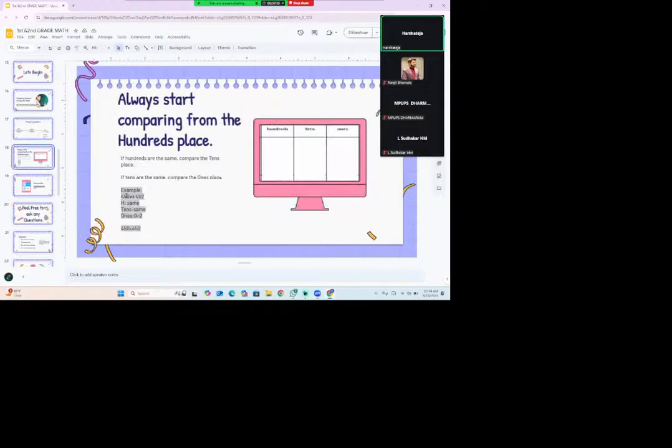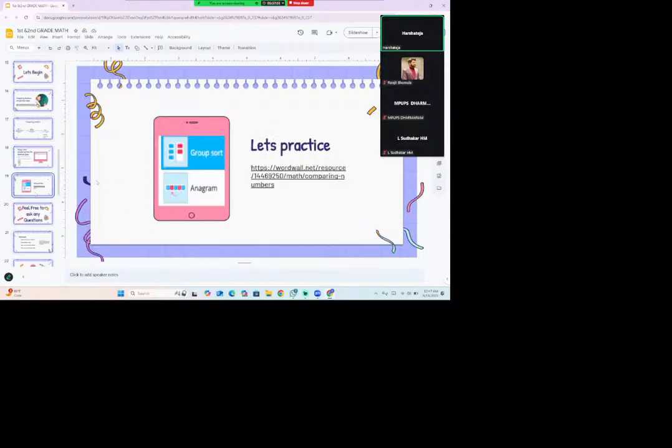And we learned how to practice this here. 6, 4, so 6 is greater than 4. So we know that 650 is greater than 452. And we did some practice here which was very similar.